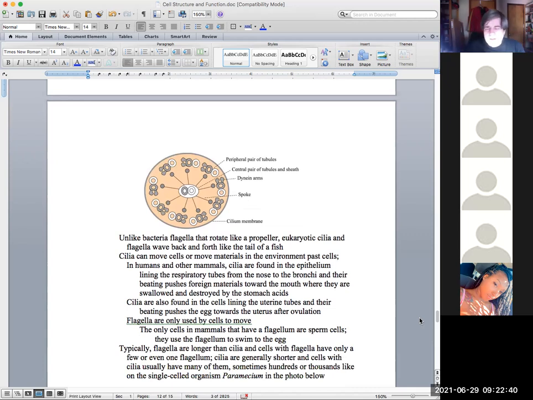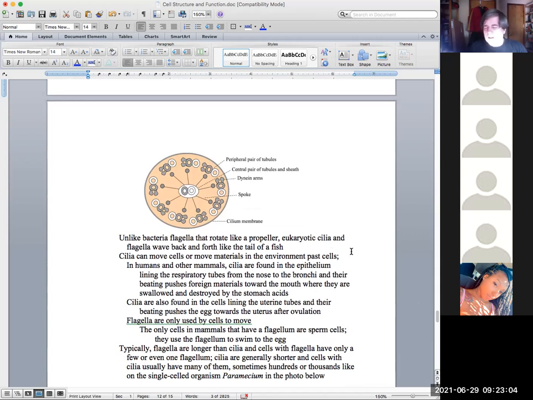Now, cilia and flagella can help a cell to move. When we discussed bacteria a few days ago, we talked about the flagellum on a bacteria cell. And we said on a bacteria cell, the flagellum turns around, kind of like a propeller on a boat motor or a plane, before there were jets anyway.